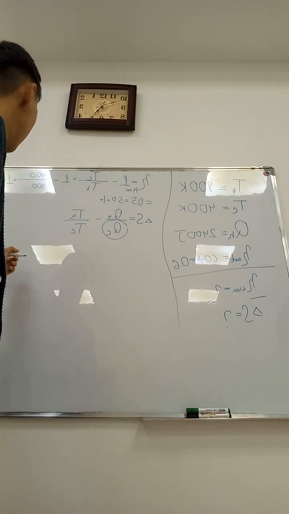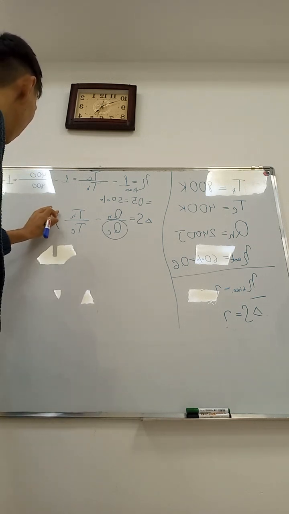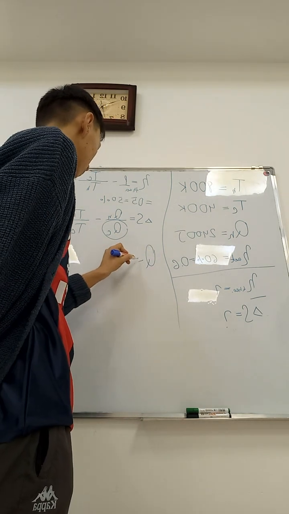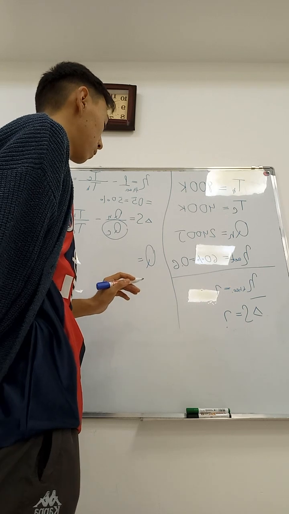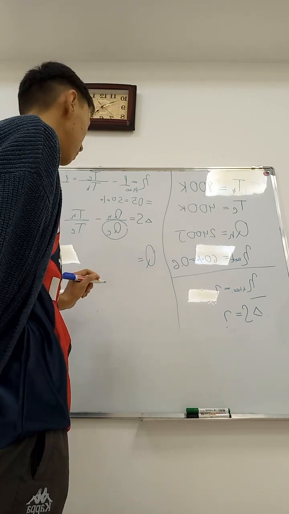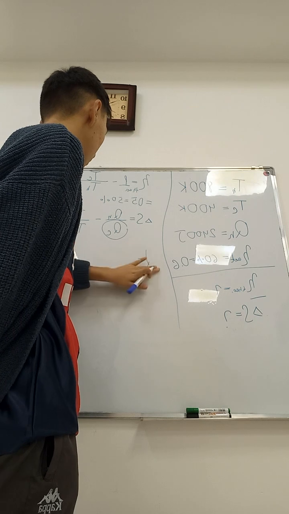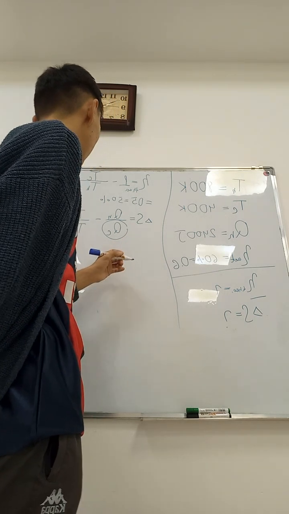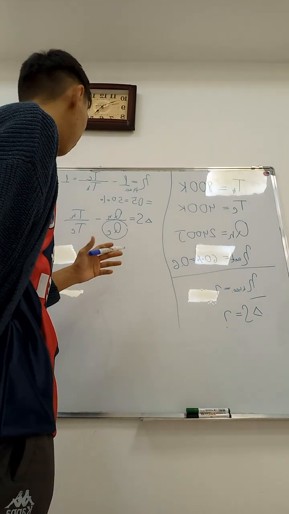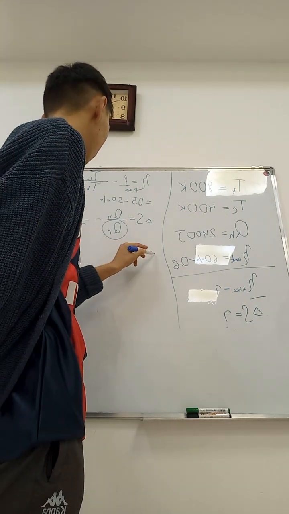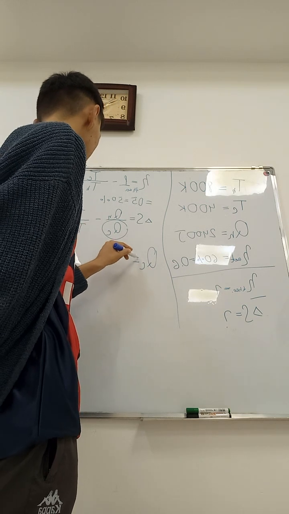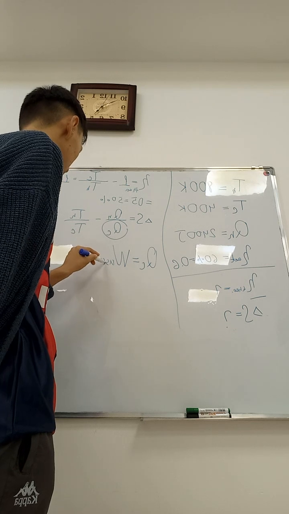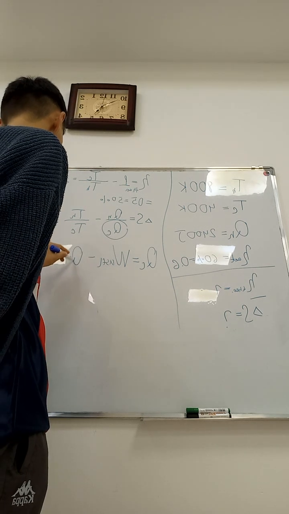How do we find this? We know this formula where Q cold is work useful minus Q hot.